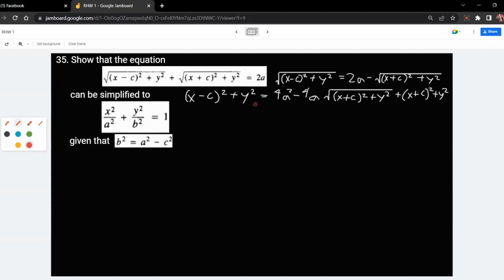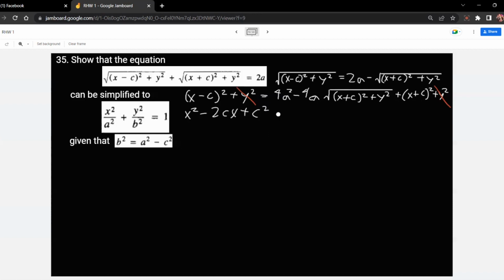So gusto nating i-isolate yung square root, and then square again. Parang it doesn't seem like pero ganito, para mas madali, may mga cancellations pa dyan eh. Yung x squared minus 2cx. Expand. So c squared, ito rin c squared.